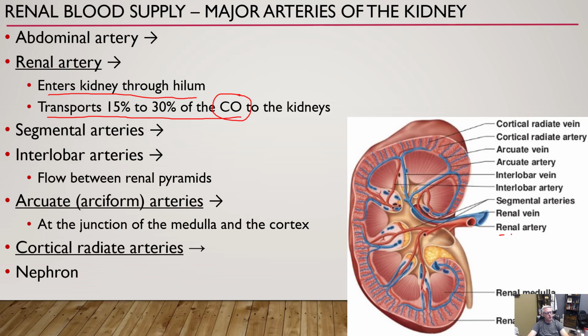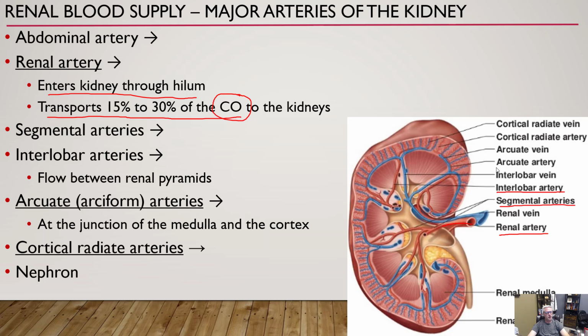So here is your renal artery. It comes in, and then it's going to branch off into these things called segmental arteries. And then from there, it's going to branch off even further into these interlobar arteries. And basically, these interlobar arteries create blood flow between the renal pyramids.